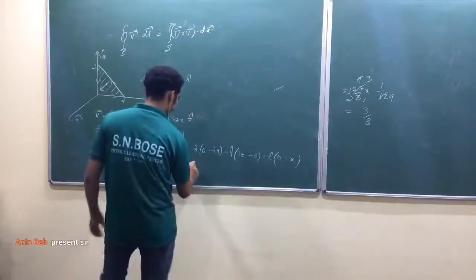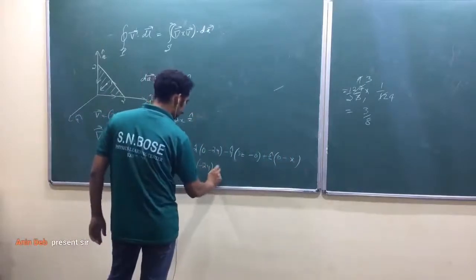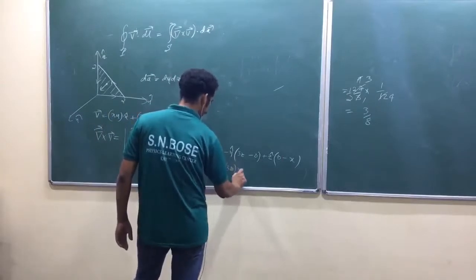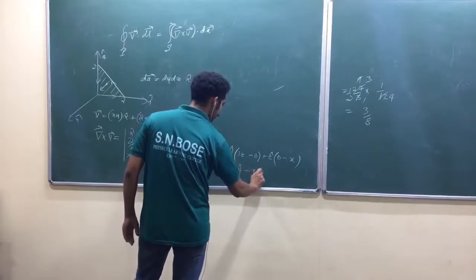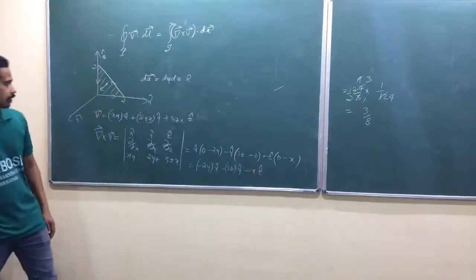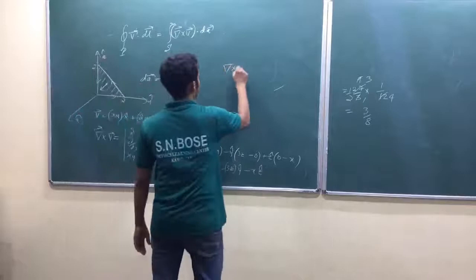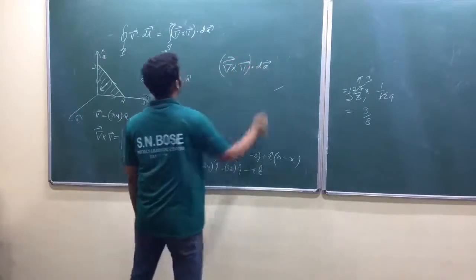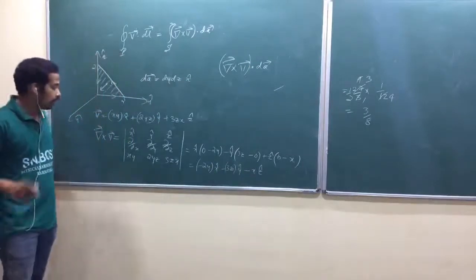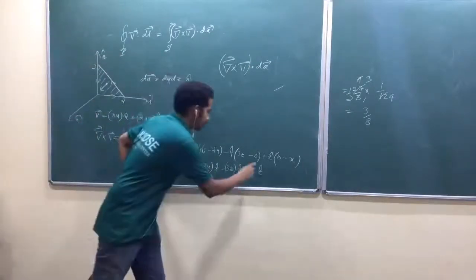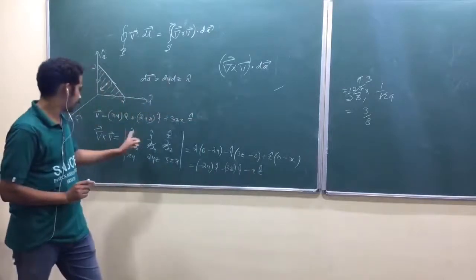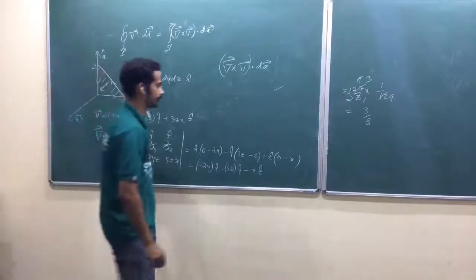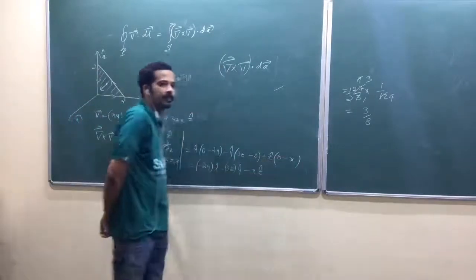Check it out. Minus 2y x cap minus 3z y cap minus x z cap. But I'm taking del cross V dot dA. Be careful. Write down all steps.